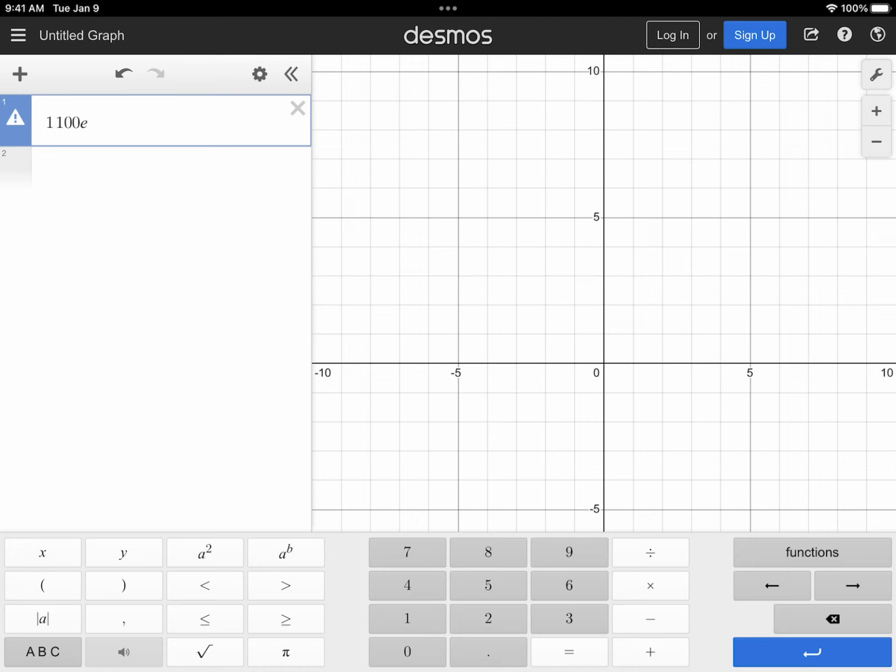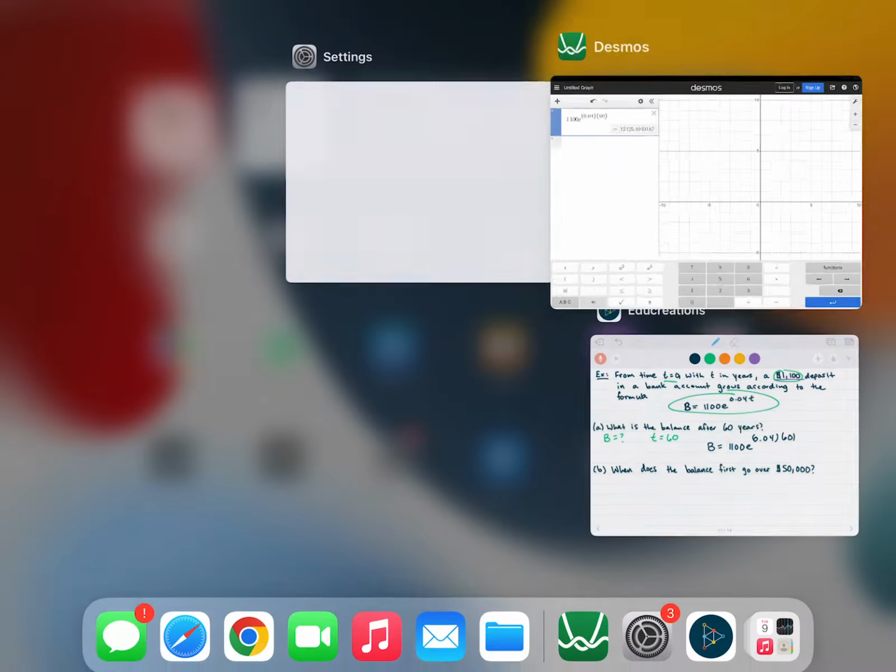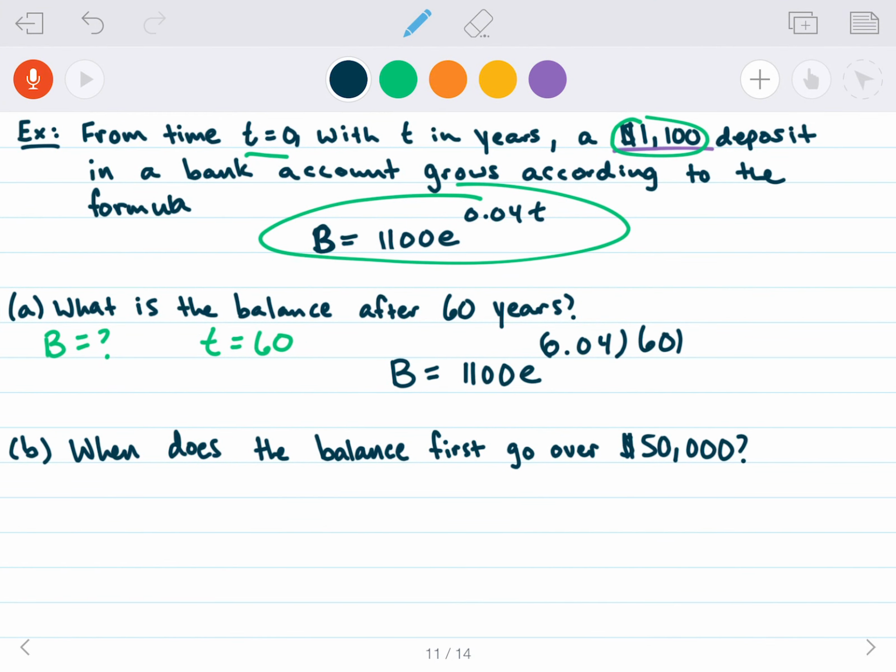And in parentheses, I'm going to put 0.04, then another parenthesis, 60. And I'm getting, let's see. Yeah, so I'm getting about $12,125.49. So that is my answer here.